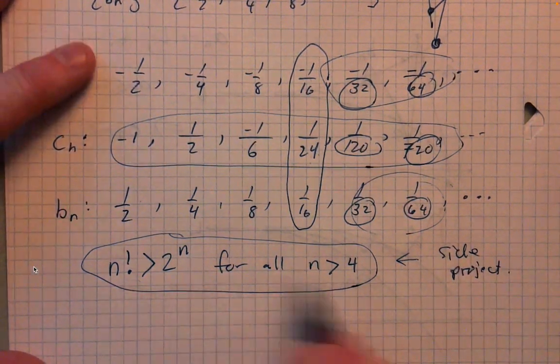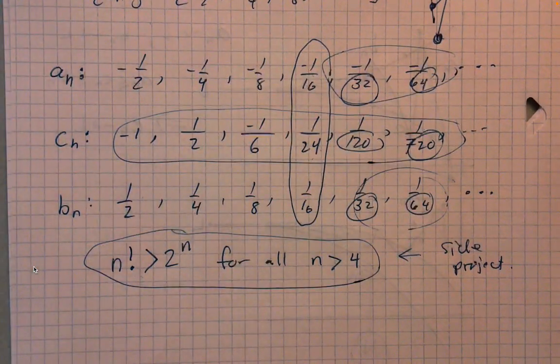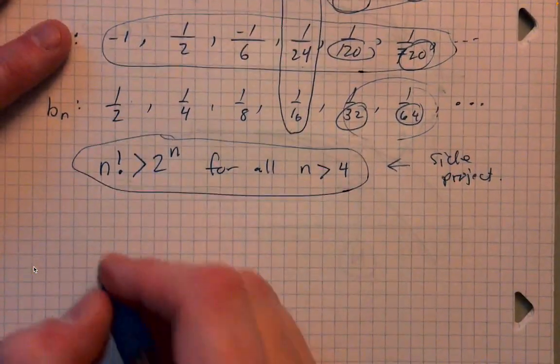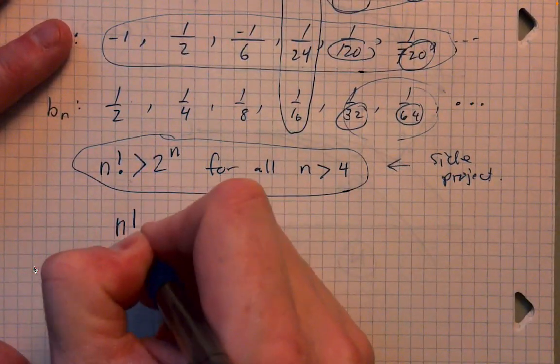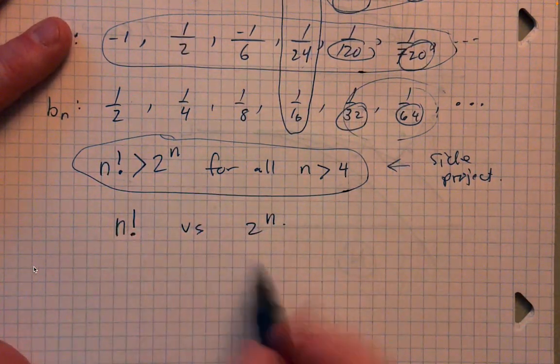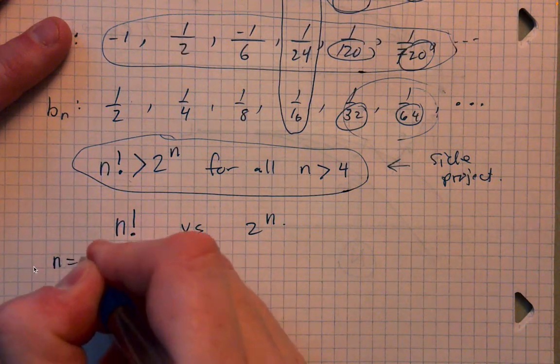So this is a side project that you can take on yourself. Break this down. Maybe look at a bunch of values, or think about what n factorial means relative to 2 to the n. To give you a hint on how to think about this, let's just say n equals 10.